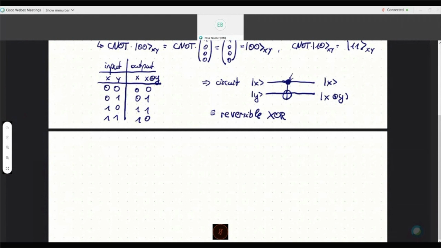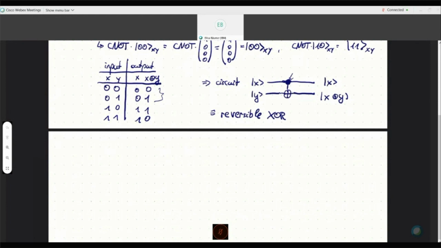So we control on X, and controlling means if I'm in the state 0 on X, I will not do anything. Nothing happens. And you see our output is just the same as before. For those 2 cases here, input and output are the same. If, however, X is in 1, and we're controlling on X, then I'm flipping the state on Y.